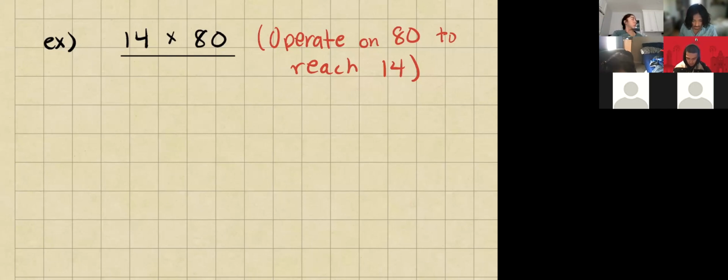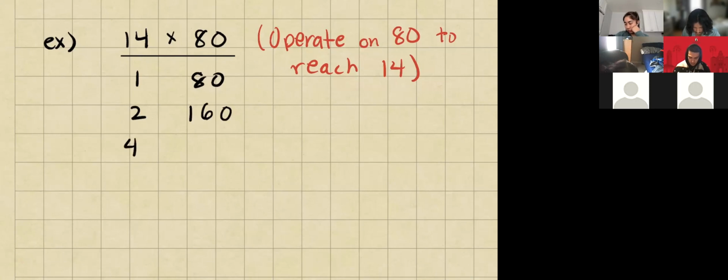So let's take a look. We would start with one group of 80, then 2 gives me 160, then 4 gives me 320, then 8 gives me 640.